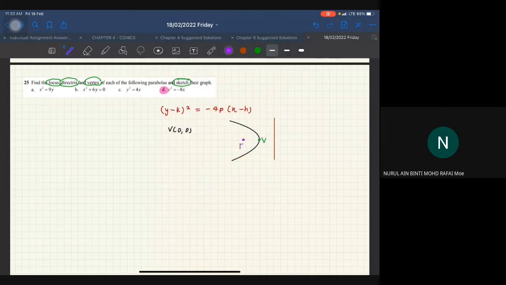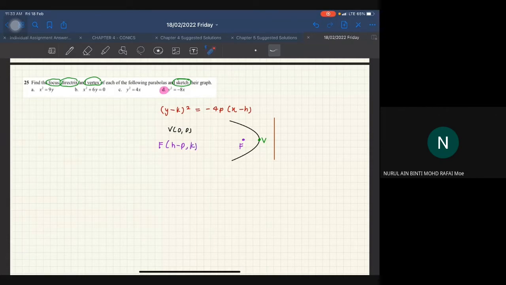This is focus. Okay, so macam mana nak cari focus? So focus is equal to, so nilai x kita nilai berubah. So we have h minus p, minus sebab dia duduk dekat belah kiri. And then we have the value of y just the same, which is k.